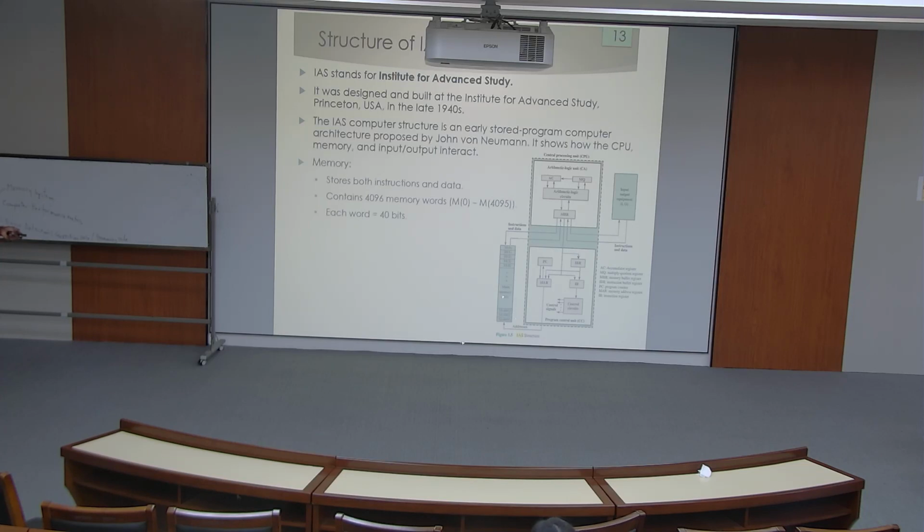These are the memory addresses, and we have data and instructions that come from the same memory addresses. That means the same bus. We have a single bus system to transmit data and instructions. That means that this is based on von Neumann architecture.